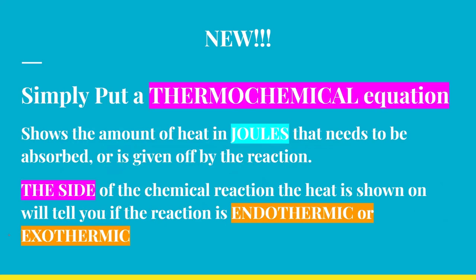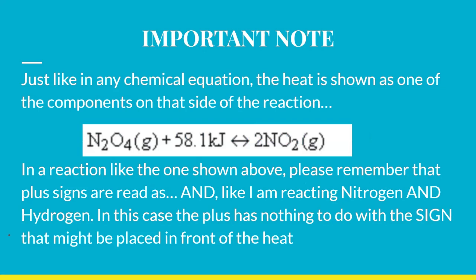All right, so simply put, a thermochemical equation just shows the amount of heat in joules or kilojoules that is either given off or absorbed by the reaction. If it's endothermic, it will be going into the reaction on the reactant side. If it's exothermic, it will be coming out of the reaction on the product side. It will be produced by the reaction. So this is an endothermic reaction.